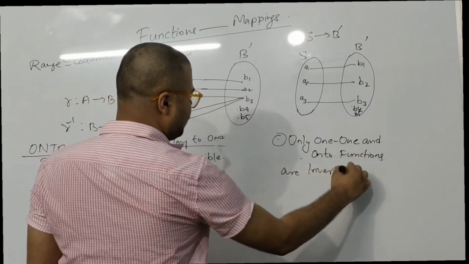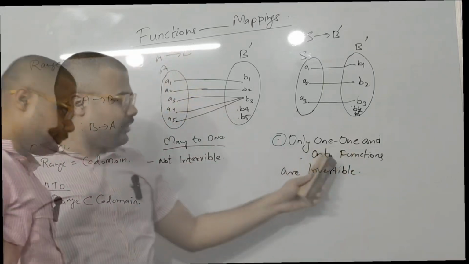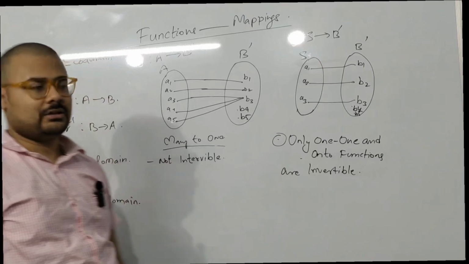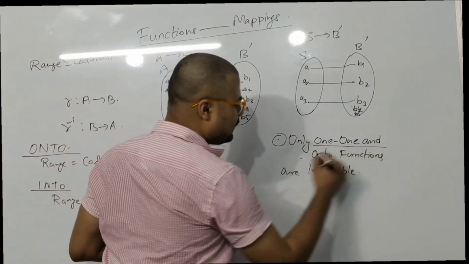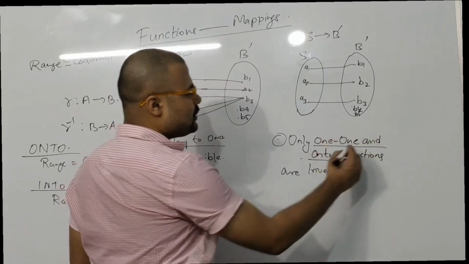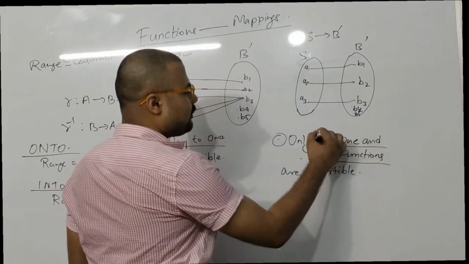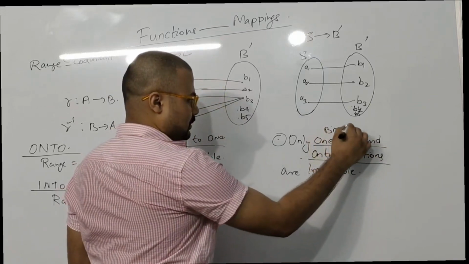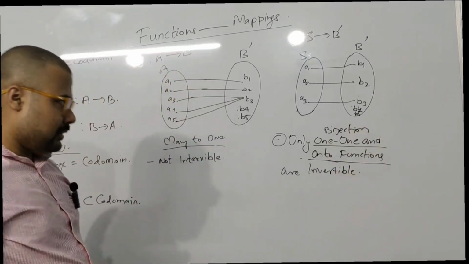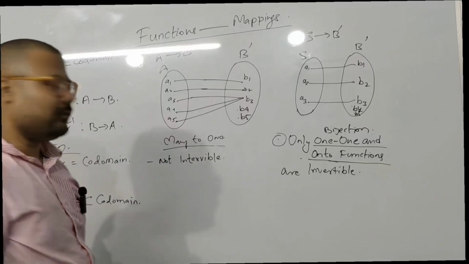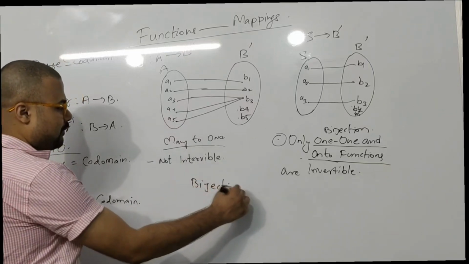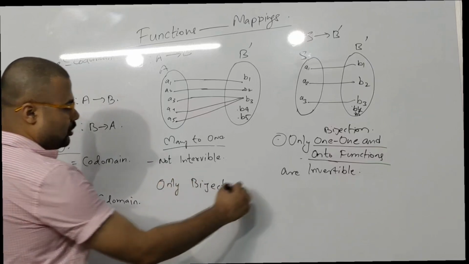Those functions which are one-one and onto together, when any function is one-one and also onto, we call it a bijection. And so only bijective functions are invertible.